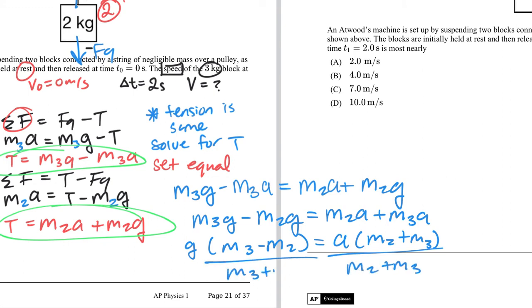So acceleration over m3 plus m2. So finally, give yourself a little pat on the back. The equation should be acceleration equals gravity times m3 minus m2 over m3 plus m2. So all we have to do is plug it into our formula.